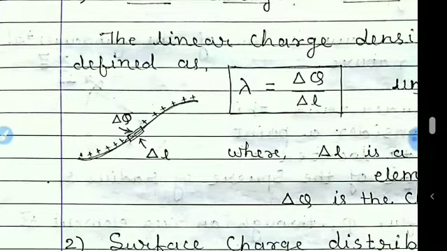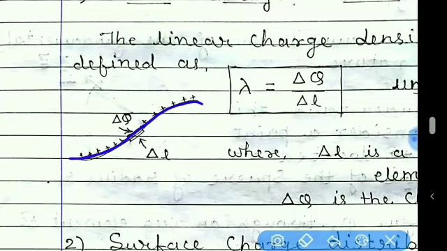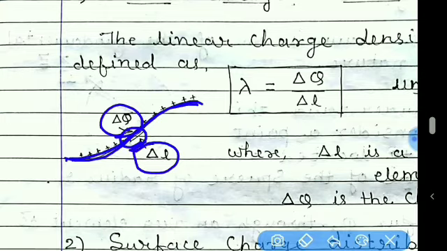Now here you can see this figure in which a linear wire is given, on which the charges are distributed. You can see this plus sign. These are positive charges which are distributed on this linear wire. Now a small part of the wire is considered here. The charge on that small part is delta Q, and the length of that part is delta L, and this length is called a length element.